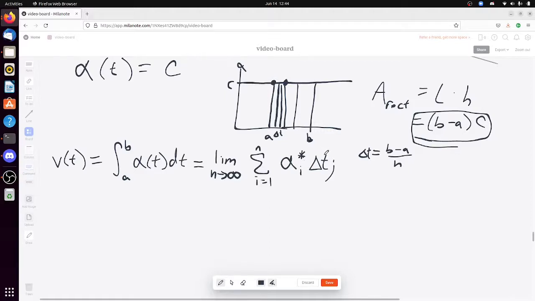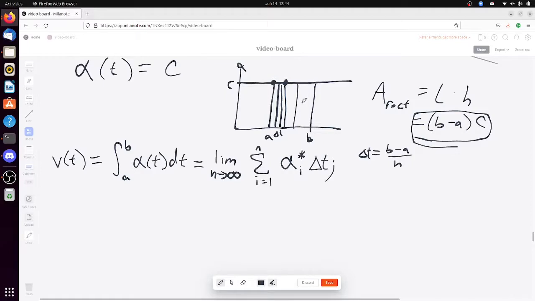Now for this particular problem, what does that mean? Well, we're a little lucky on this one because the function is just a constant. The value is the same for everything, so if you take any sample point in any partition, that's just going to be c.